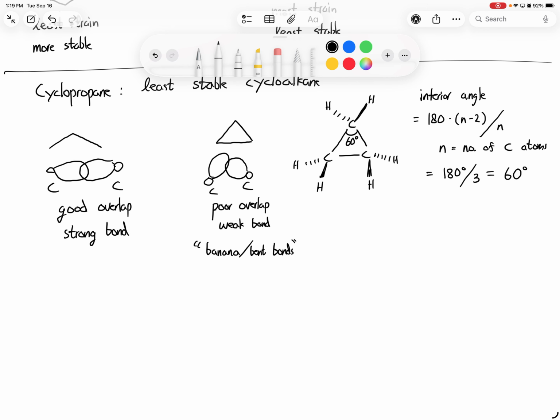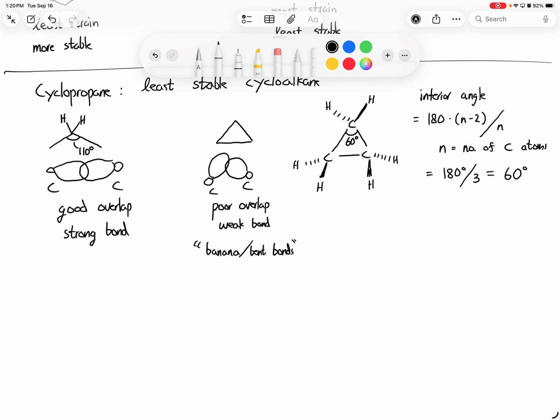And is that a problem for carbon right there? What do you guys think? What are the bond angles in just regular propane if I have H and H here? Yeah, around 110 degrees, right?